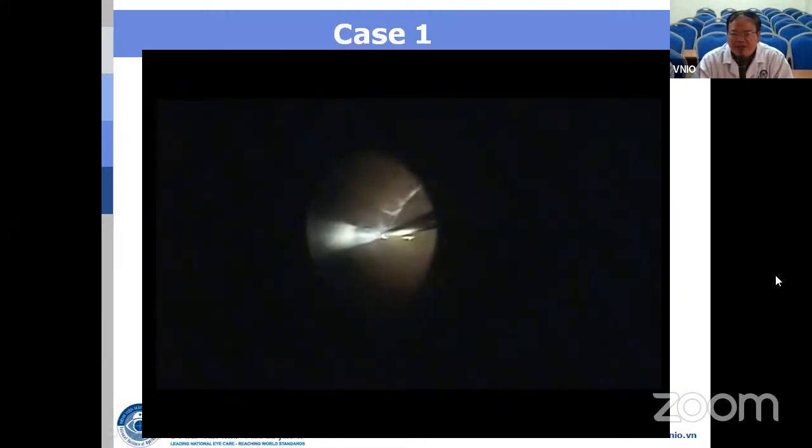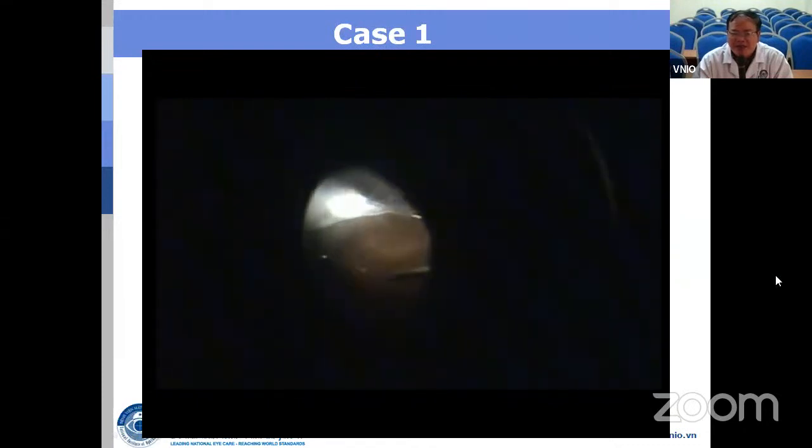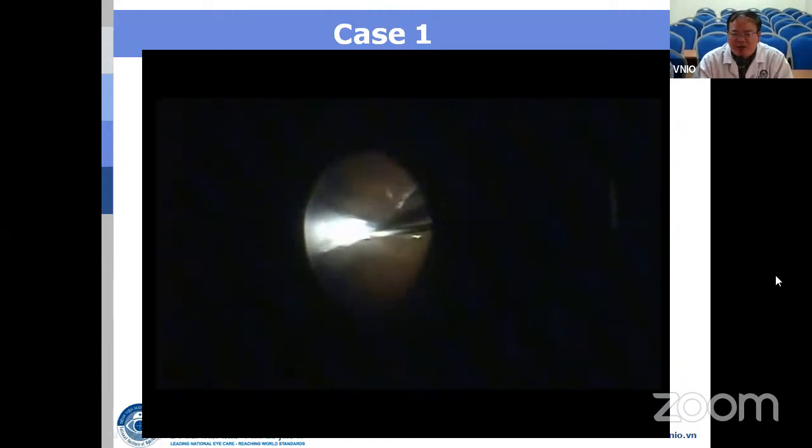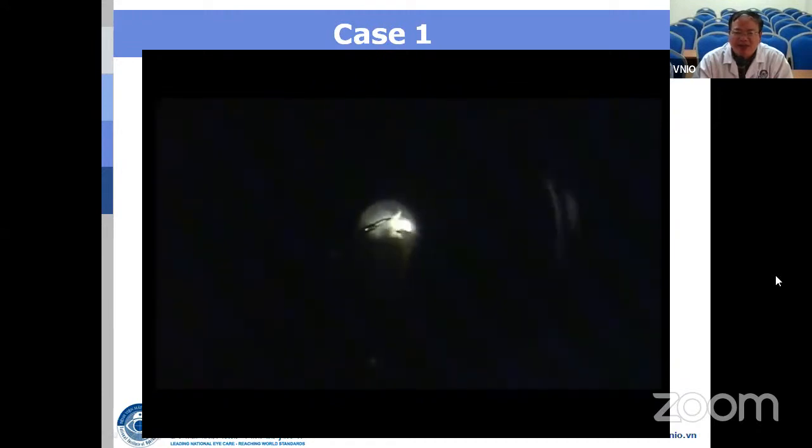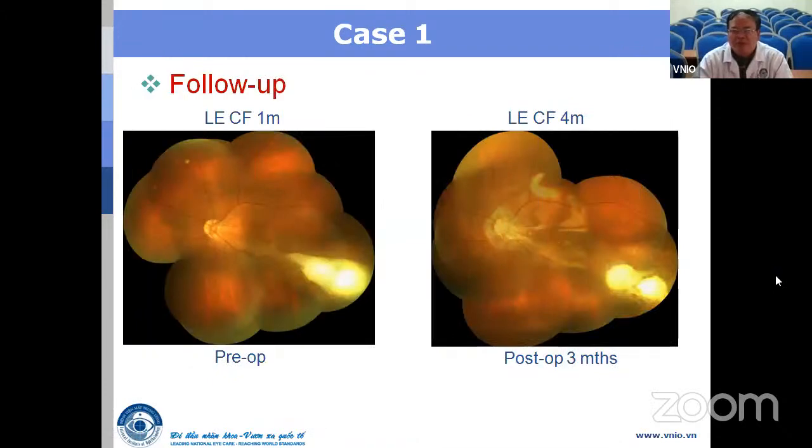I'm not an expert in this field, but I think there was elevation or retraction. With this case, at one-time follow-up, left eye count finger 1 meter, and count finger 4 meters after 3 months follow-up.